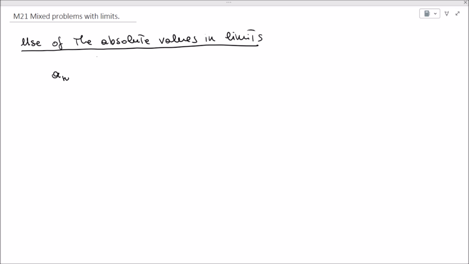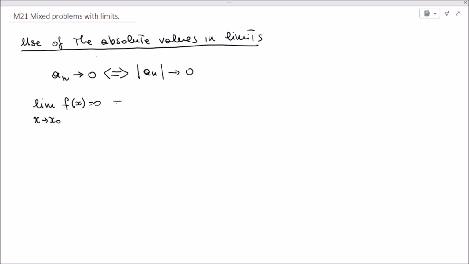If an is a sequence that tends to 0, then this is true if and only if an in absolute value tends to 0. Now, a similar statement is true for a function f of x. Let's say that the limit of f of x as x goes to x0 is equal to 0.